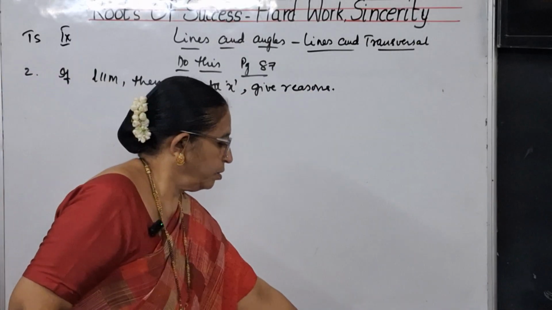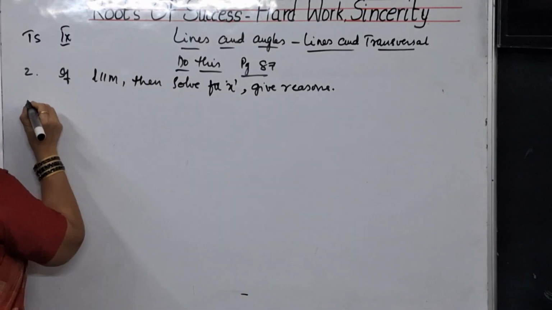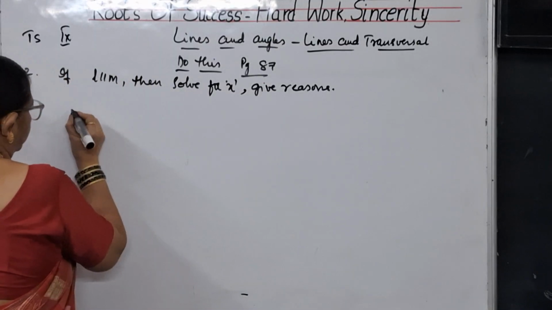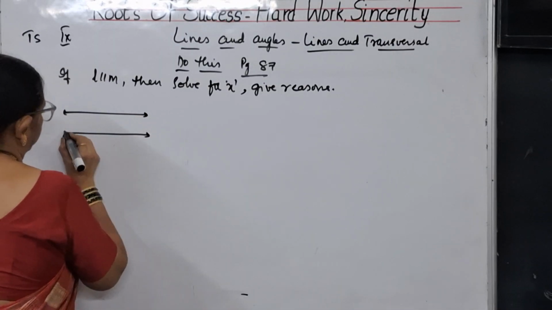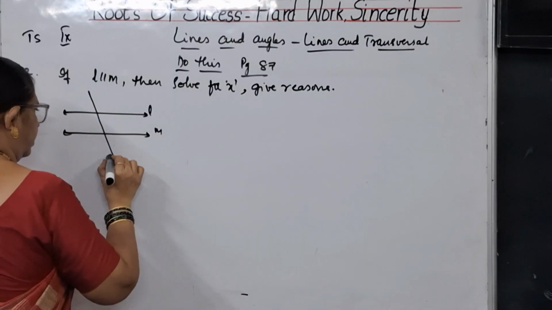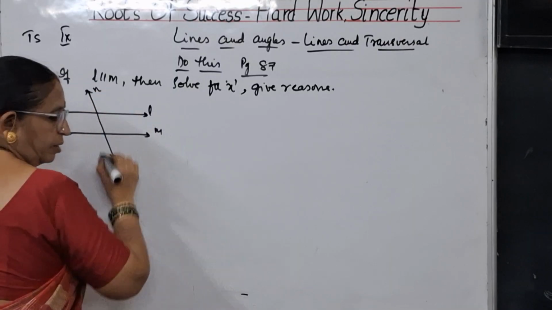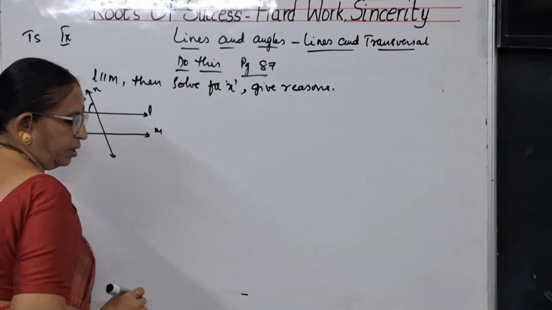So the first bit here is you have got two lines L and M, and N is the transversal. This is 75 degrees.